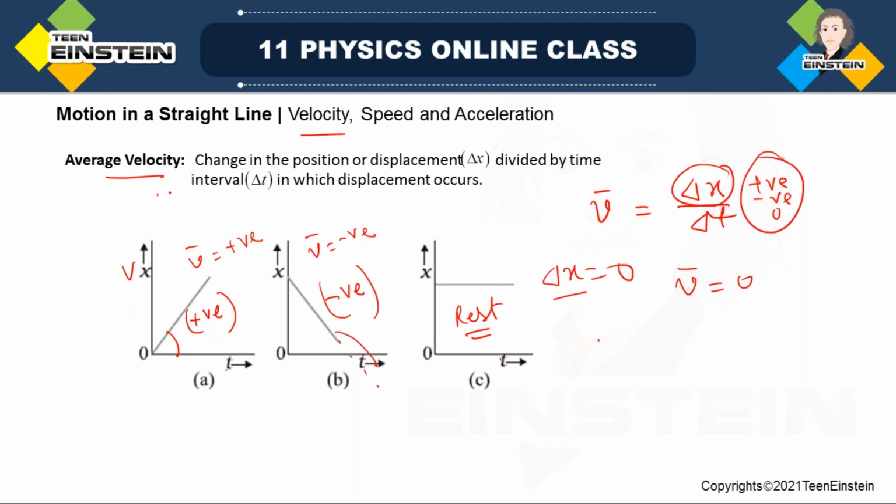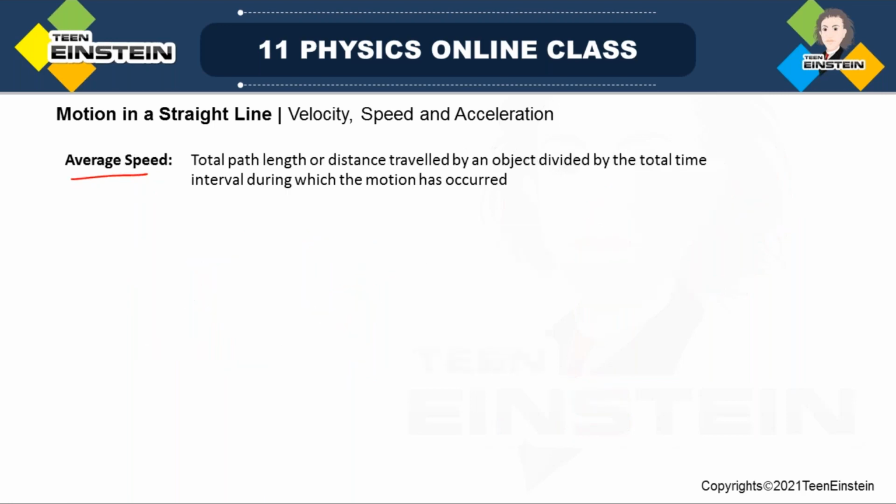Actually, average velocity is telling you the velocity during a time interval, as I showed you in the curve. This is called average velocity, or average change in the position of an object with respect to time.